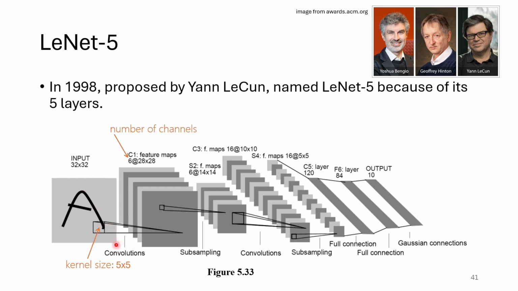So this is the input image. Then it applies a convolution. The kernel size is 5 by 5. Then it will generate the first layer. A layer means a set of channels. Each channel is a feature map. Then there is subsampling. Yann LeCun used average pooling, but now many people use maximum pooling.